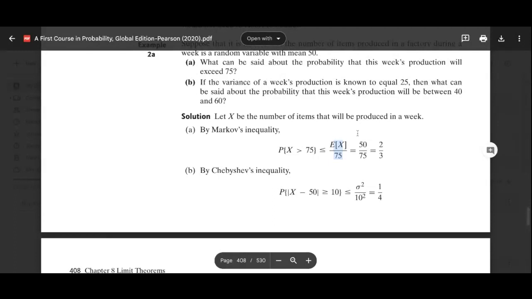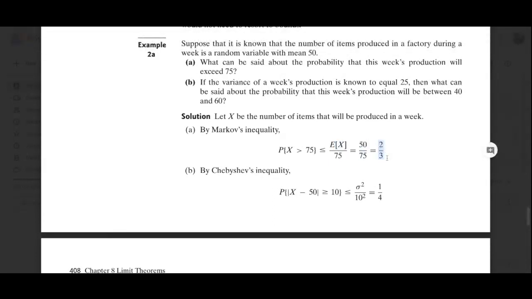The expected value is 50, so 50 divided by 75, which is 2/3. We won't know the exact probability, but we know it's less than or equal to 2/3, so we have an upper bound.